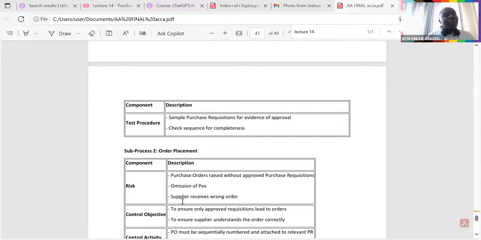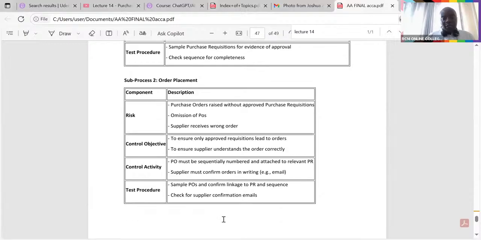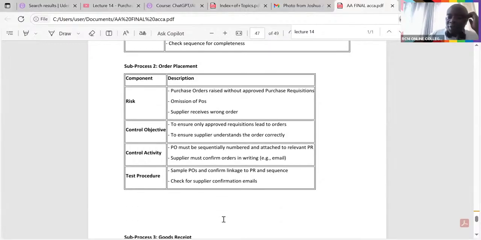So of course, the control objective will be to ensure that we get everything in terms of ordering correctly, to ensure only approved requisitions lead to orders, and to ensure the supplier understands the order correctly. Control activity: purchase orders must be sequentially numbered and attached to the relevant purchase requisitions.